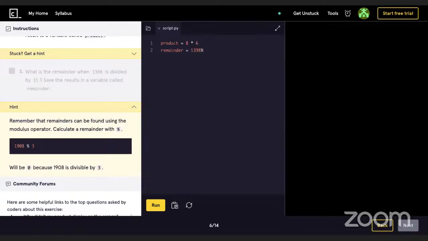Put a space, and then 11. And then if you press run, it should work. Press run again. There you go.